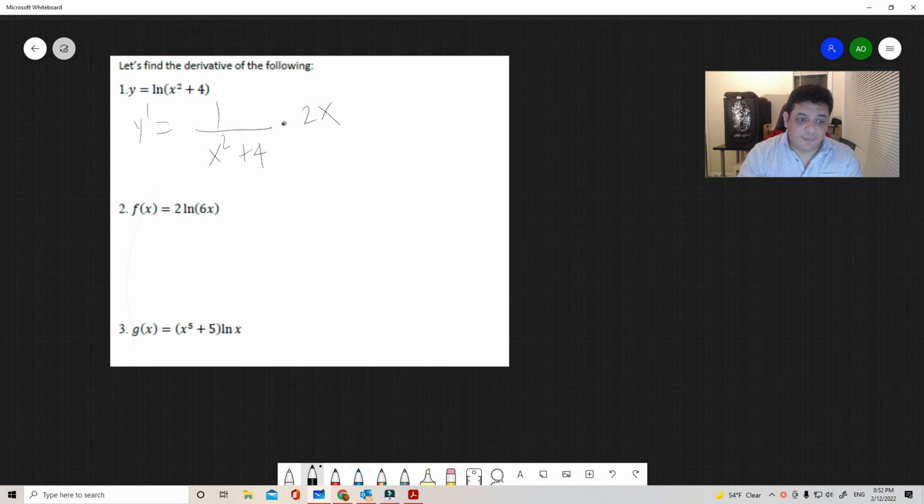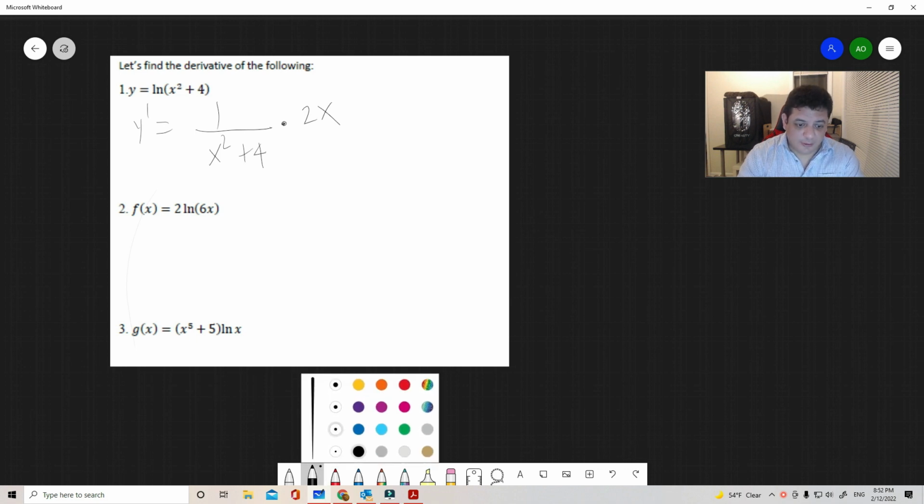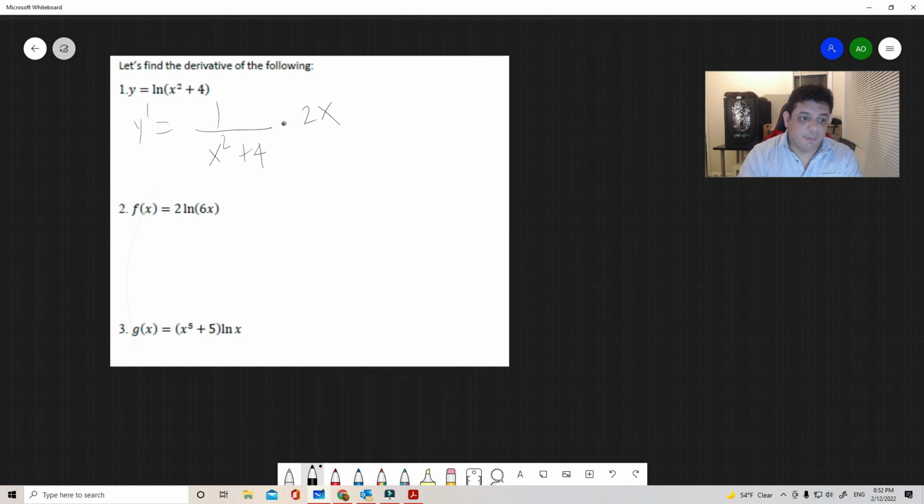Now if f of x is 2 log of 6x, remember that we can do this in two different ways. One of them is writing the log of 6x as log of 6 plus log of x using the properties of the logs.